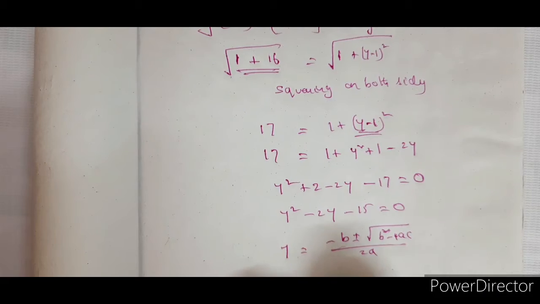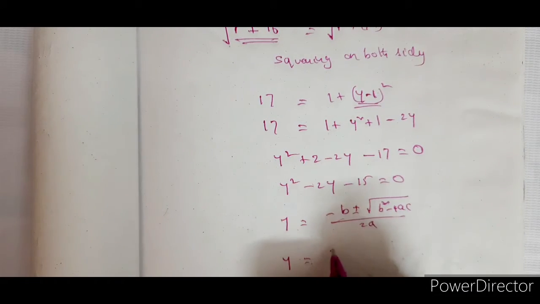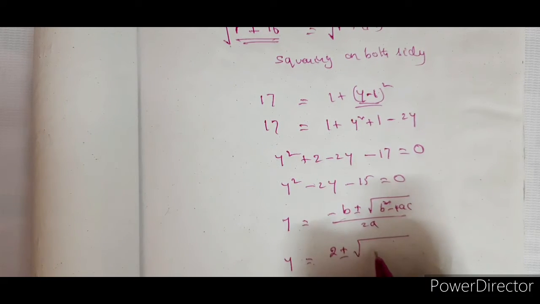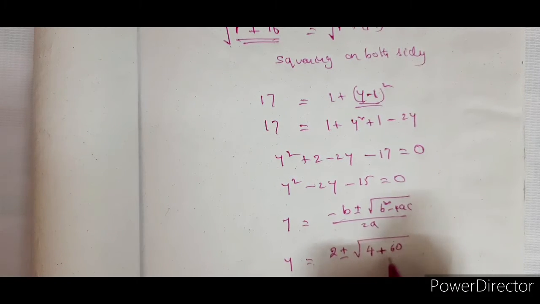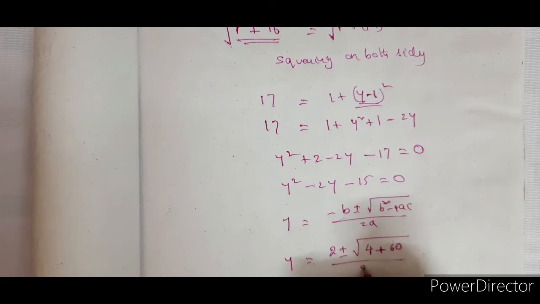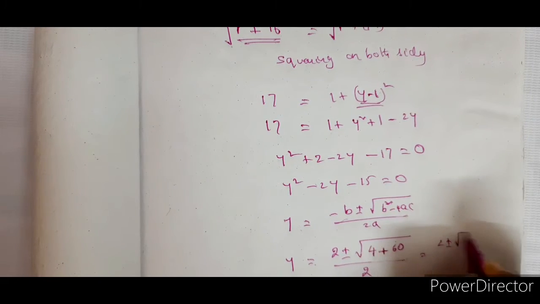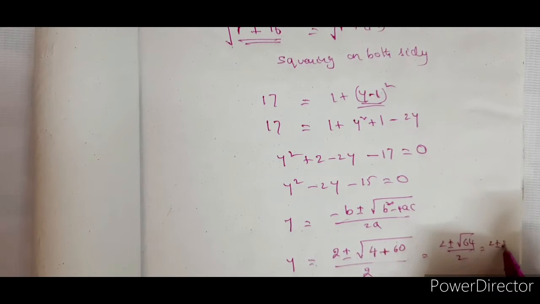So now the root for this equation is minus b, that is minus of minus 2, is 2, plus or minus square root of b square, which is 4, minus 4ac, minus 4 into 15, that is 60, minus of minus becomes plus, divided by 2a, which is 2. So that is equal to 2 plus or minus square root of 64 by 2, which is 2 plus or minus 8 by 2.